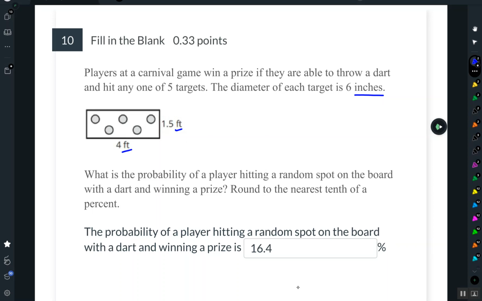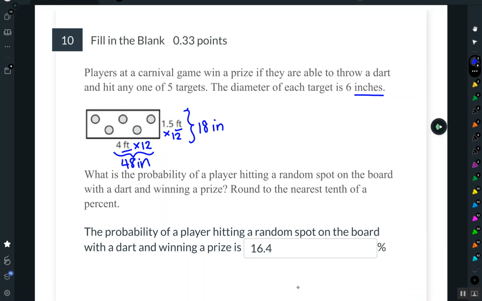So I'm going to choose to change the feet into inches, but you could also change the inches into feet. But if I go that way, I'm going to end up with fractions. So I'm going to multiply 1.5 feet by 12 to get inches, and this is also going to be multiplied by 12. So this is 48 inches and 18 inches.